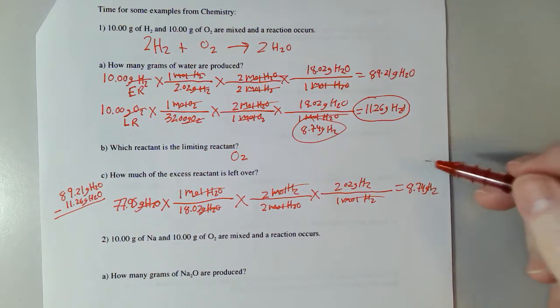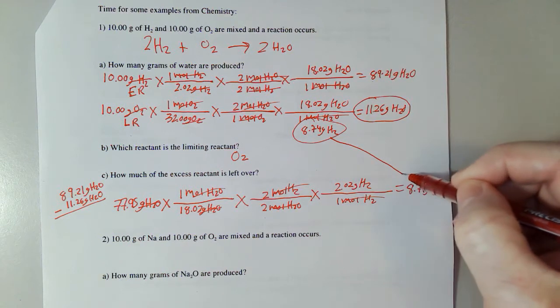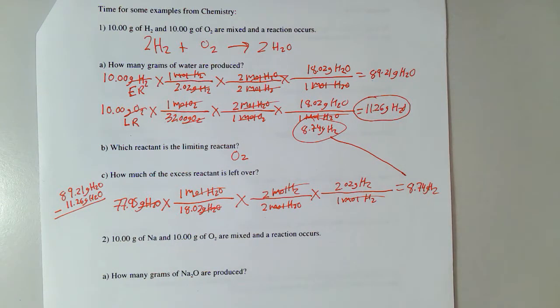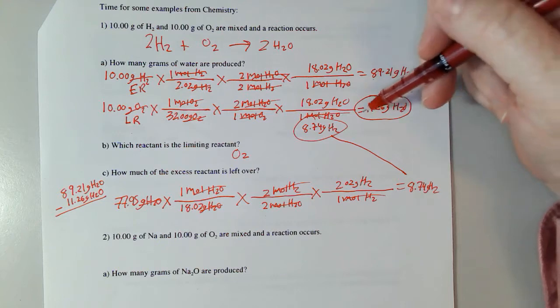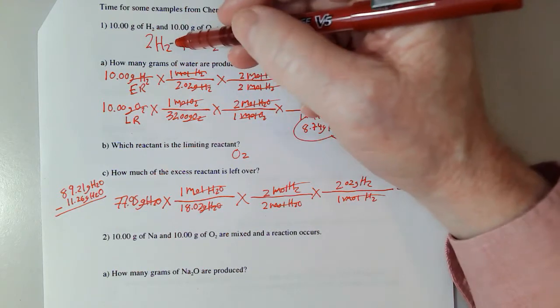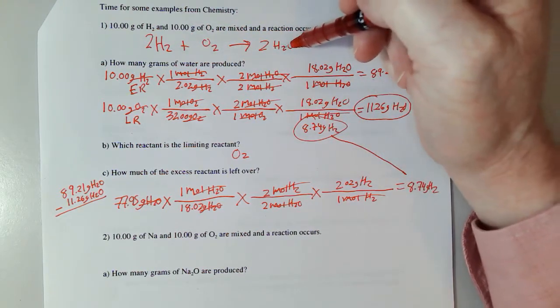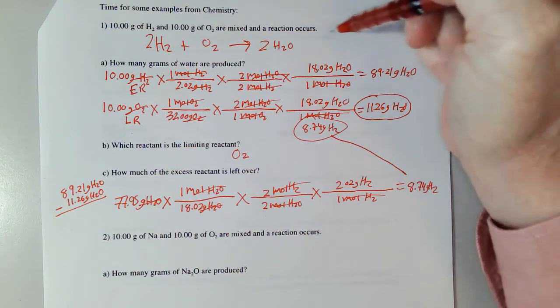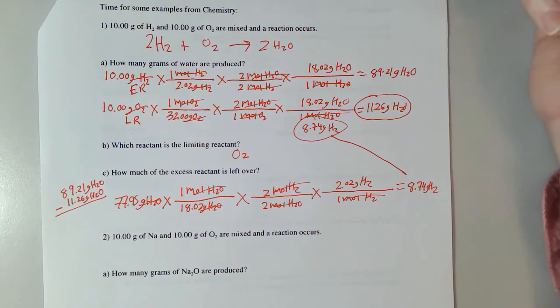Now that sounds familiar. Isn't that the same number I got right there? Okay, so my common sense answer and my mathematical answer are lining up. Now this only works as a technique, this taking the difference, when I have one product.